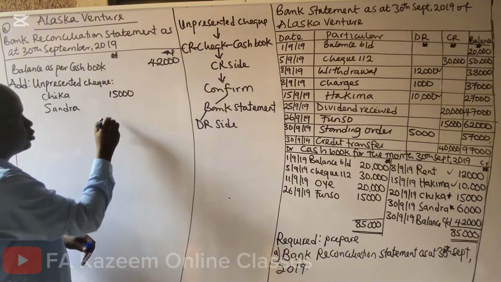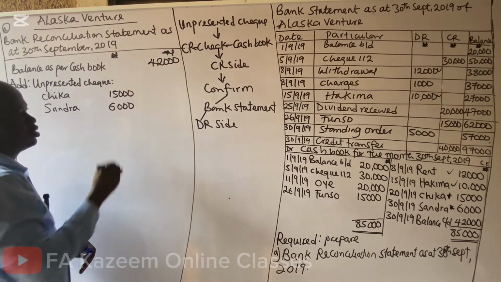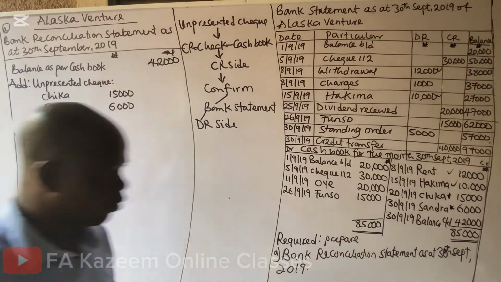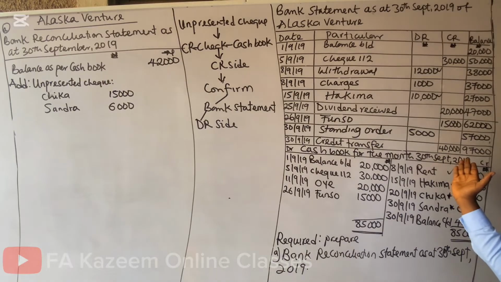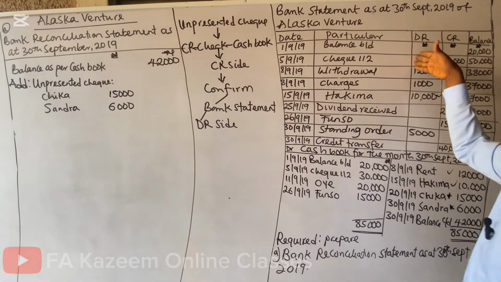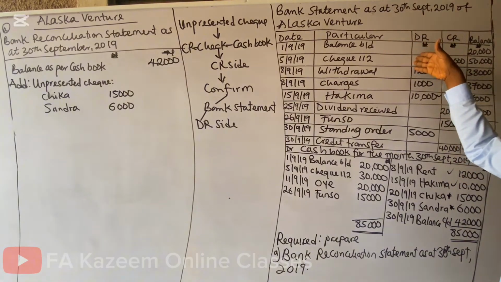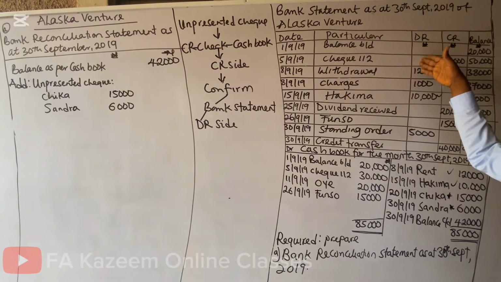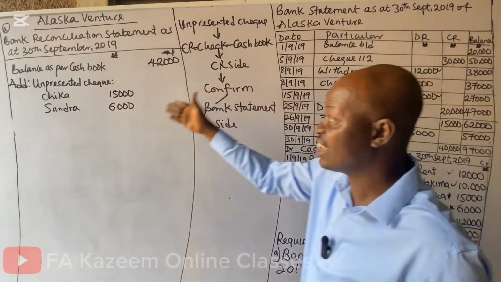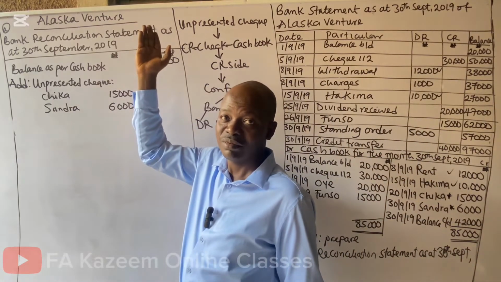How much? 6,000. Now, we have confirmed the checks that we have issued out but have not been taken to the bank for deduction. So far, such checks have not been deducted in the account of Alaska Venture. Alaska has to add back his money.